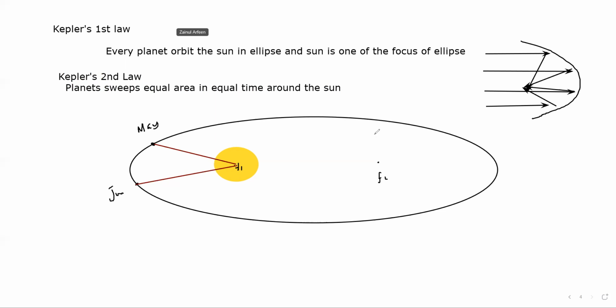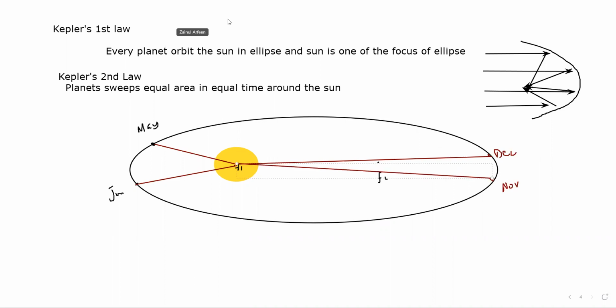Same thing, for example, if it is in November at this position, in winter, and this will be December after a month. When we calculate this area with the Sun as the focus, it will sweep out the same area.